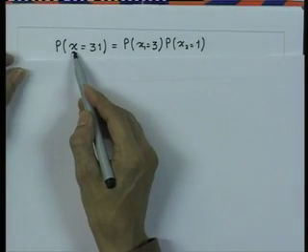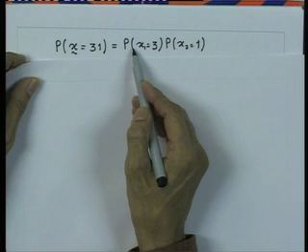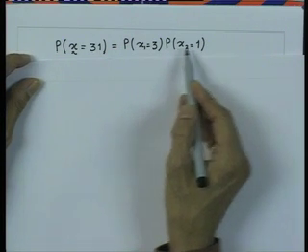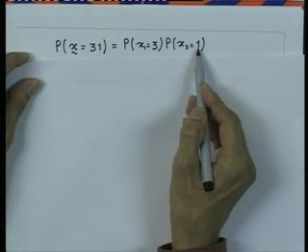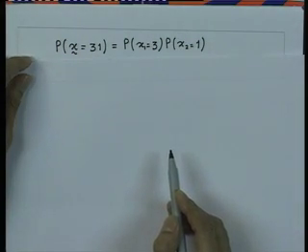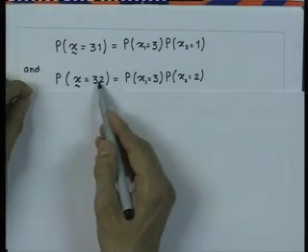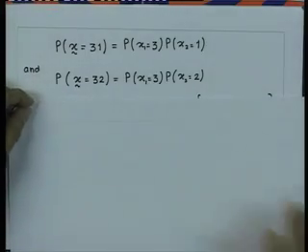Probability of sequence 3 1 is given by probability of x1 equal to 3 and probability of x2 equal to 1, assuming these are IID, and similarly probability of sequence 3 2 is given by this relationship.